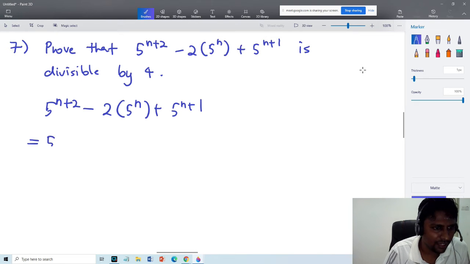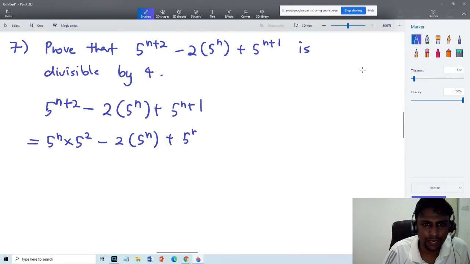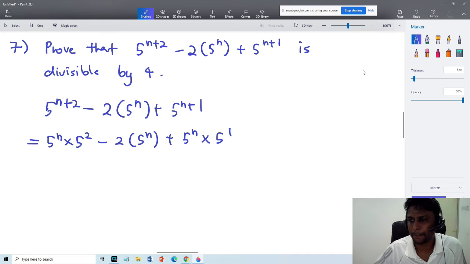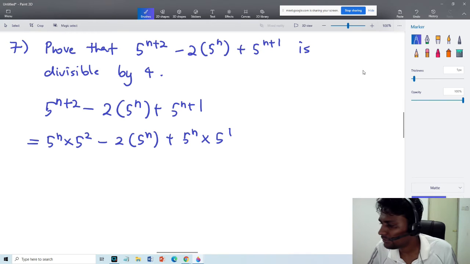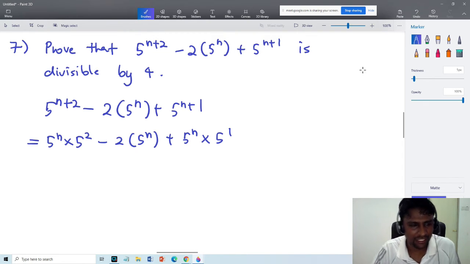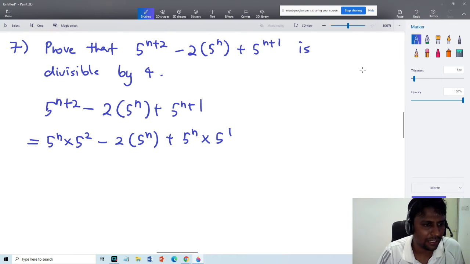So 5^n times 5 to the power of 2, minus 2 times 5^n, plus 5^n times 5 to the power of 1. Okay, what do you get here? So 5 squared becomes 25.